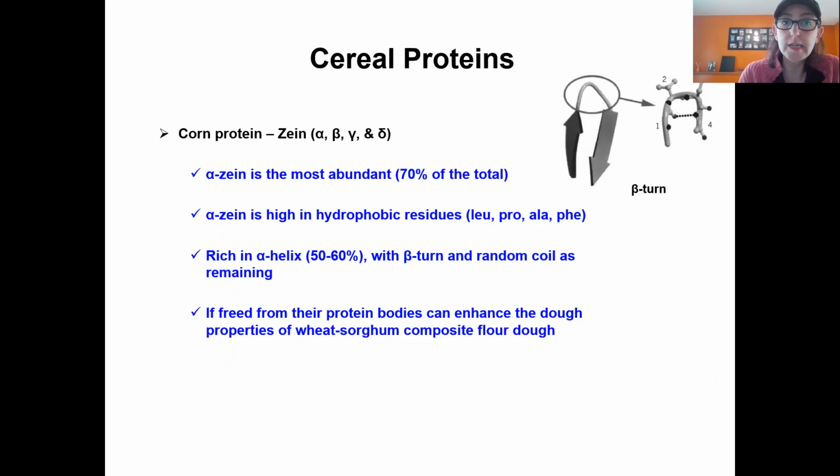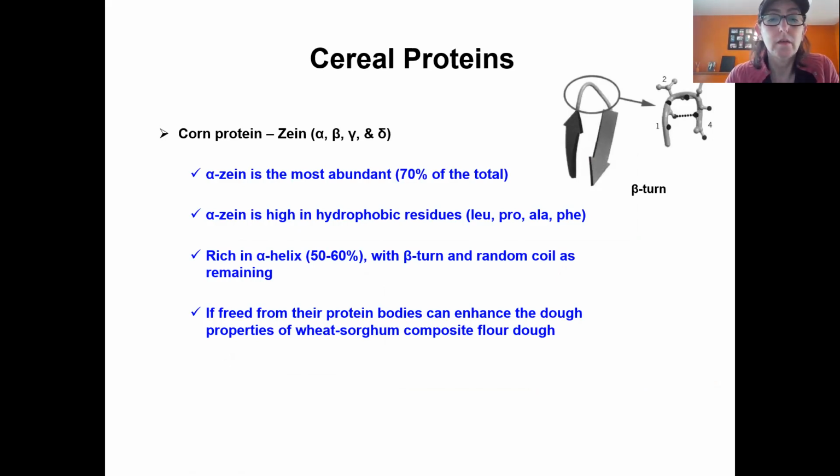Just a little bit on zein, which is corn protein. Alpha-zein is the most common protein in corn, and it's very hydrophobic. So it's not soluble at all, and it has much higher hydrophobicity than gluten itself.